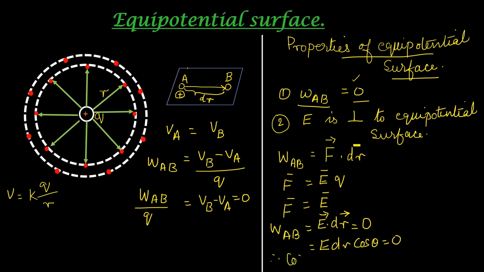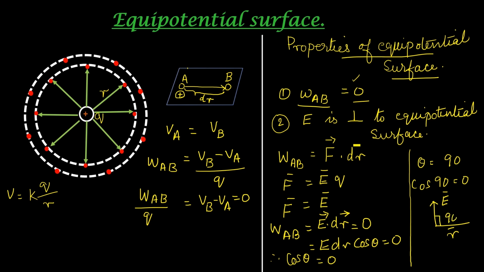For that, cos theta should get a value equal to 0. We know cos 90 degrees is equal to 0. That is, the angle between the direction of electric field and displacement should be 90 degrees. So the direction of electric field and the displacement may be represented as is shown here. You can see that they are mutually perpendicular.